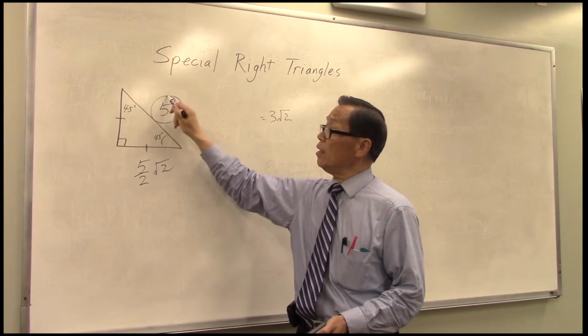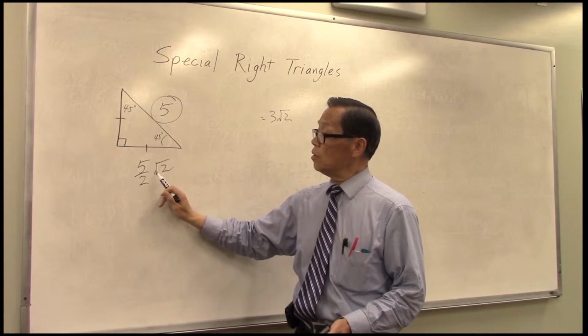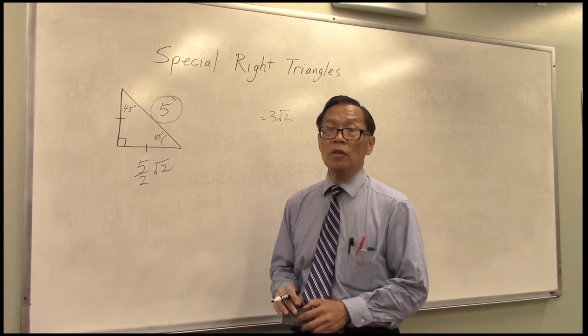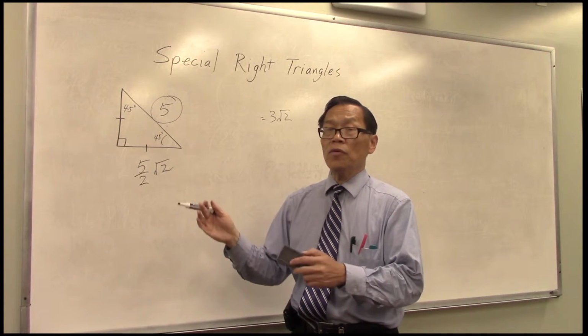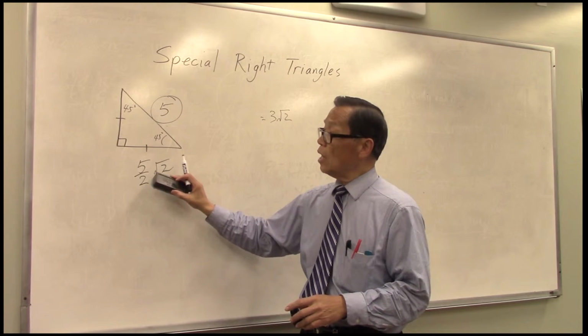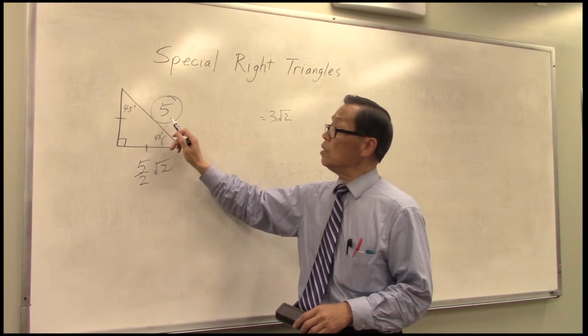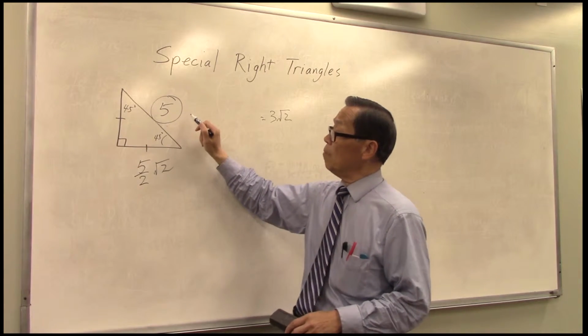Whatever you have here, this is always divided by 2 times radical 2. And you can show and prove any number you give me, I will be able to get this side by taking the hypotenuse and dividing it by 2.